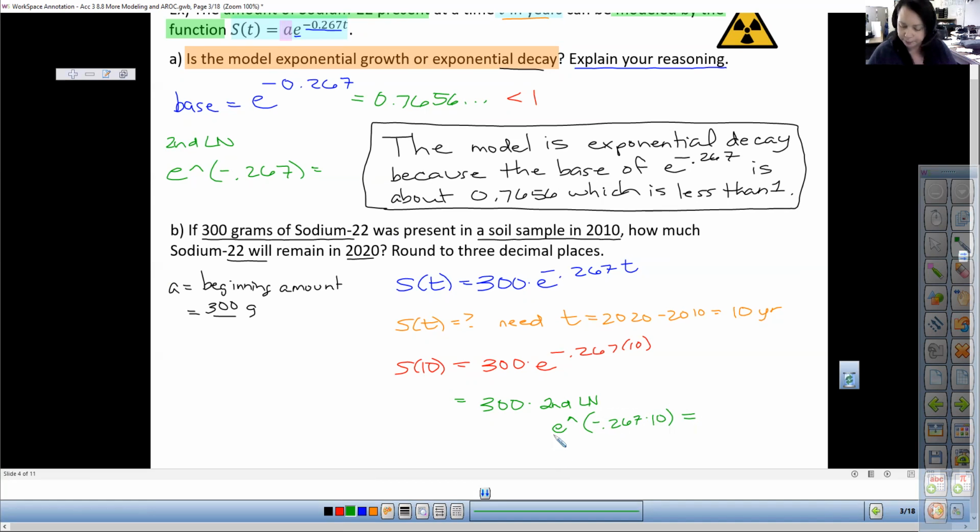All right, let's see what we get. All right, so we are rounding to 3 decimal places here, which hopefully you remember is called the thousandths place.